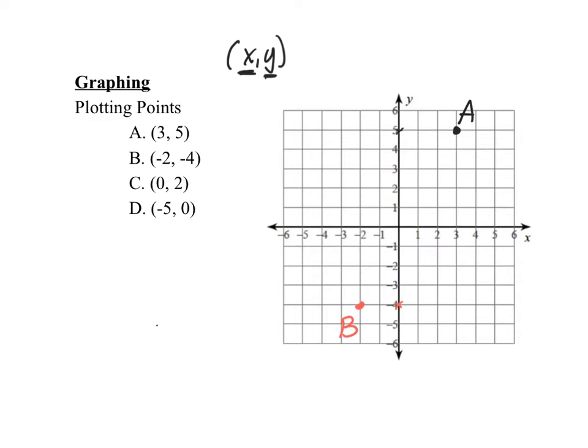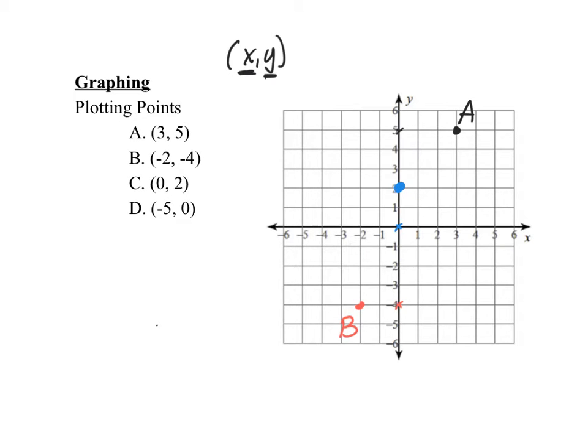y-axis. Letter C, 0, 2. This is a unique point because one of the coordinates is a 0, which means you stay right on the x-axis, or right on the y-axis, or right in the middle at the origin. The y coordinate is a 2, so I would just go up 2.